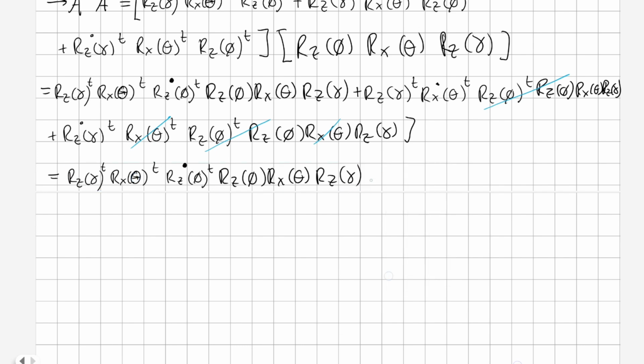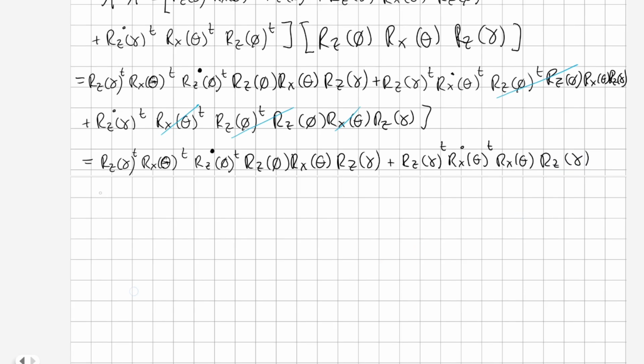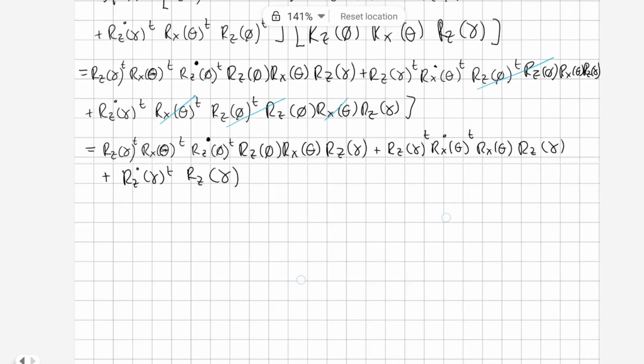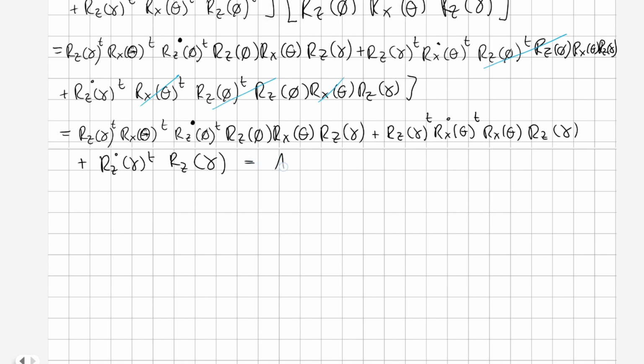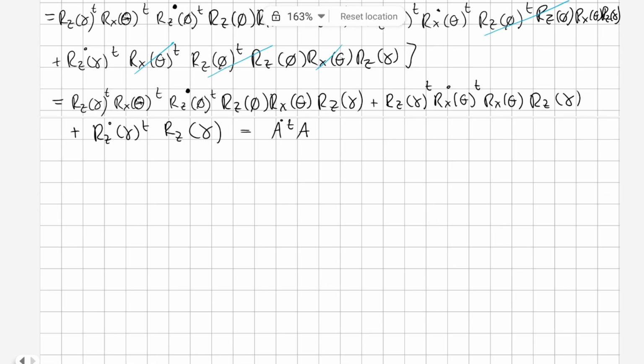And then the second expression is going to be Rz(gamma) transpose Rx(theta) transpose Rx(theta) Rz(gamma), and then plus Rz dot of gamma transpose times Rz of gamma. Okay, so by now we can say that this is equal to A dot transpose times A, and we need to calculate every term of this equation.